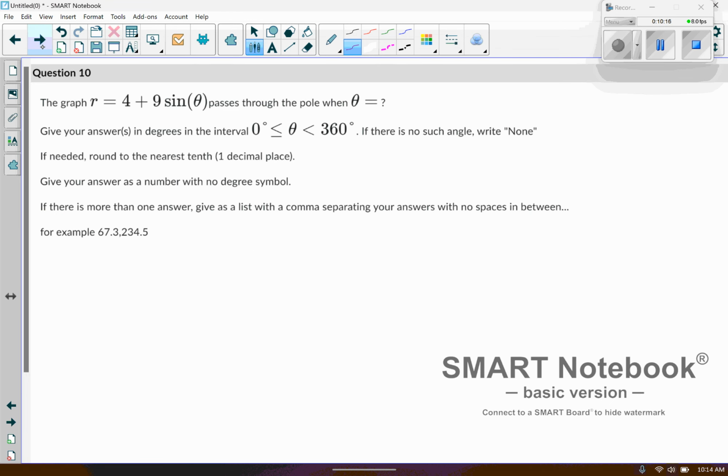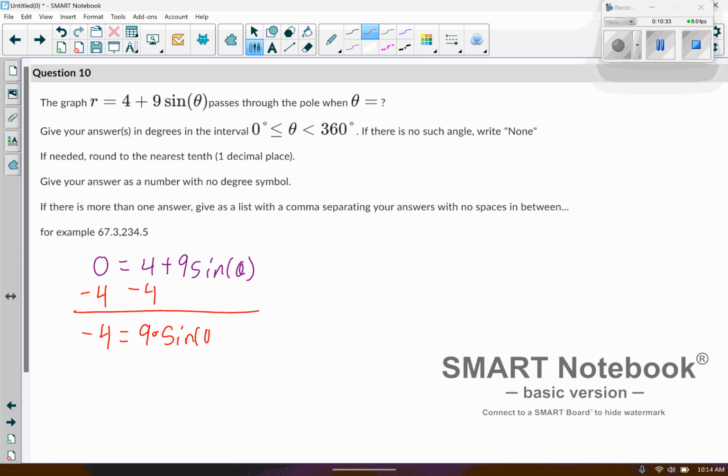Okay, the number 10 here, we're going to go ahead and set this equal to 0 once again and solve. This time we're dealing with sine, but it's going to be done pretty much the same way. And so we'll start by subtracting 4 on both sides. So we get -4 equals 9 times sine of theta. And then we're going to divide by 9, divide by 9.